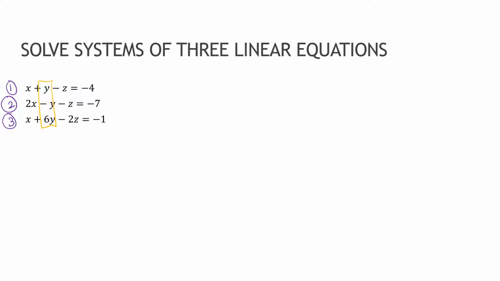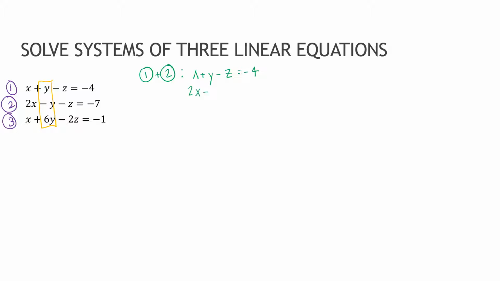So the next thing I'm going to do is combine two equations. We're only going to combine two at a time. So I'm going to combine equation 1 and equation 2. I'm just going to recopy. x plus y minus z equals -4.